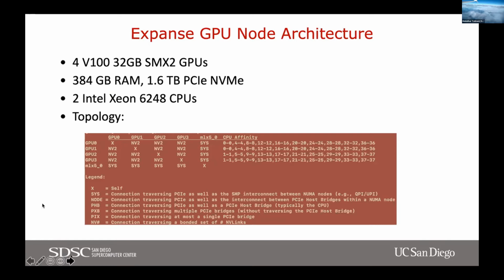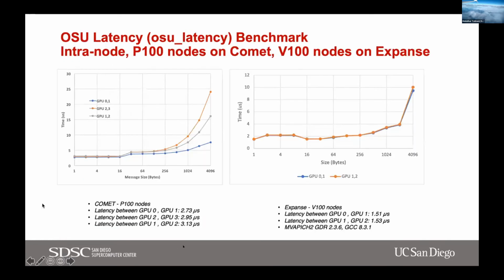So the first thing I decided to test was how we compare in the intranode test. If you look at the P100 results, there was actually quite a bit of variation between GPUs on the same socket and GPUs off socket. I'm guessing one of these plots is probably not accurately labeled, but anyway, there was a wide variation.